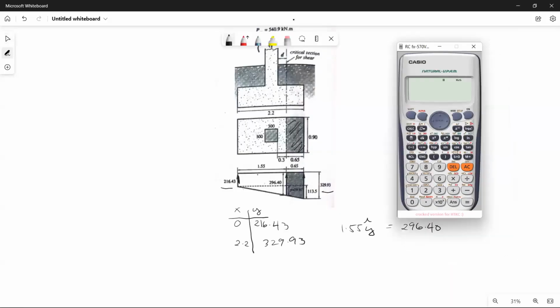Okay. Nakikita niyo yung screen, yung calculator ko. Opo, sir. Okay. So punta lang kayo ng mode and stat.